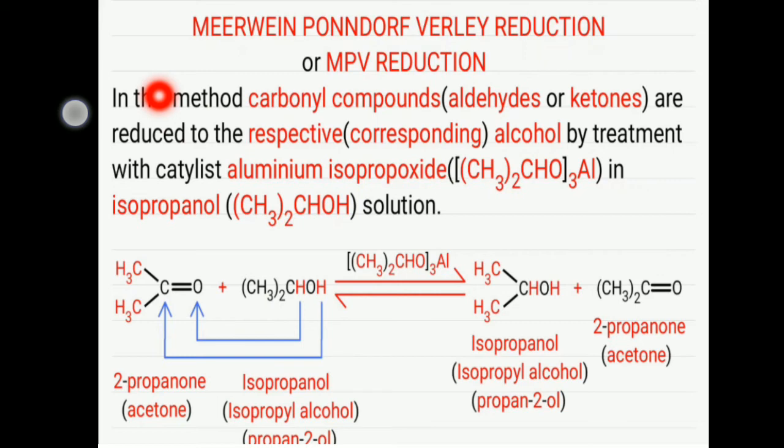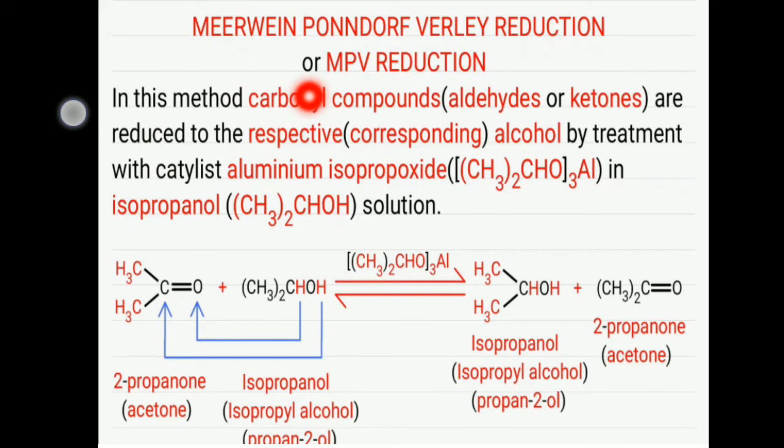In the presence of aluminium isopropoxide. This is called MPV reduction, Meerwein-Ponndorf-Verley reduction. In this particular reduction, an aldehyde or ketone reduces into alcohol.